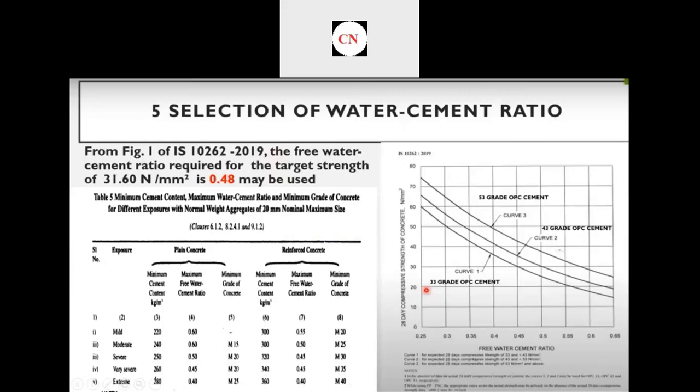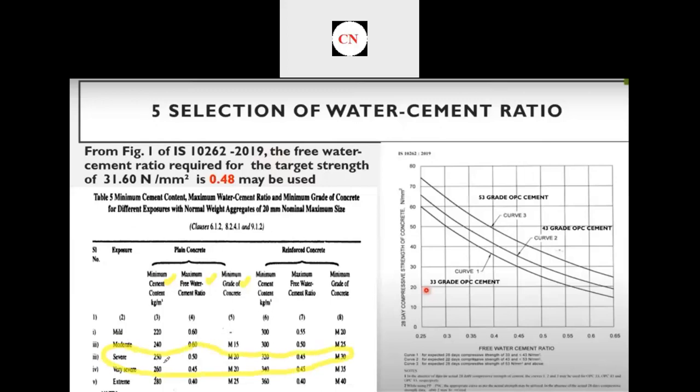Here minimum cement content is given in the first column, the maximum free water cement ratio in the second column, and minimum grade of concrete is also given. In our case, we are referring to the severe condition.